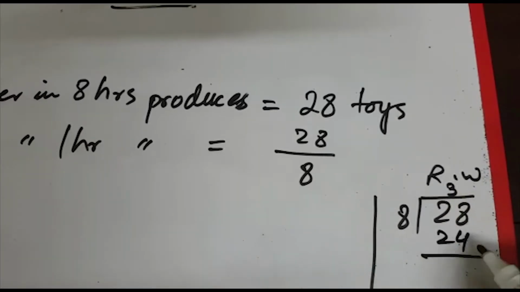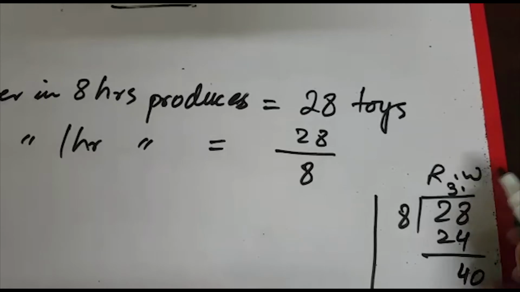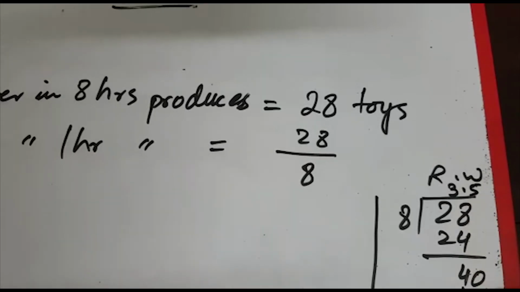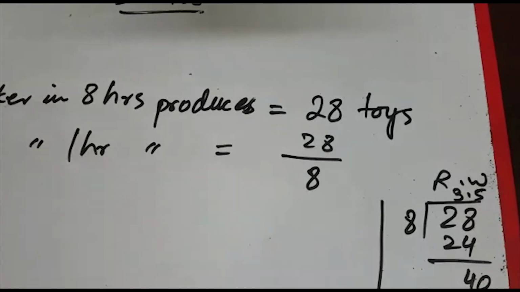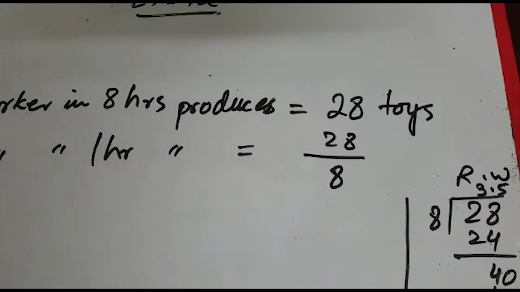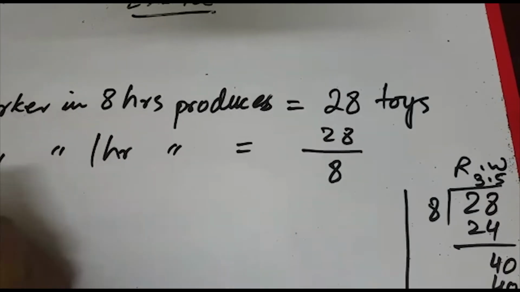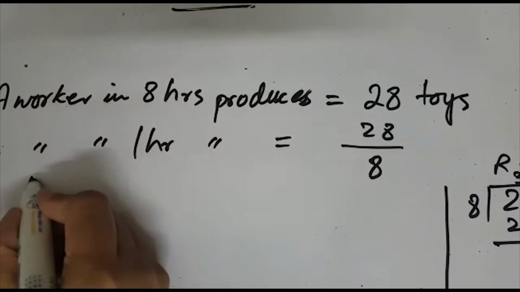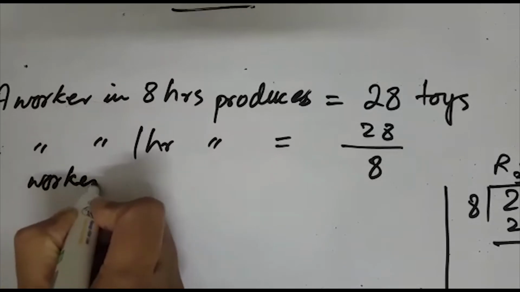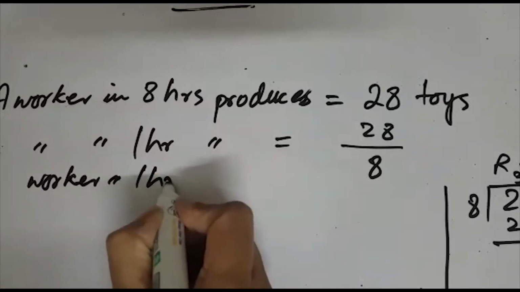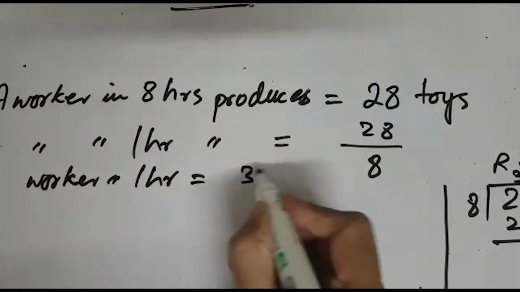Eight threes are 24, left with 4, put a decimal here, 5s are 40. Means a worker in 1 hour can produce 3.5.